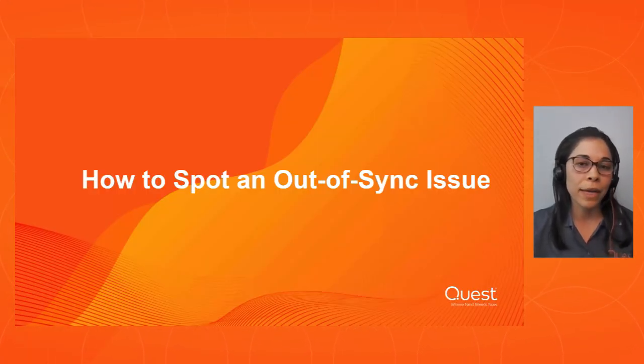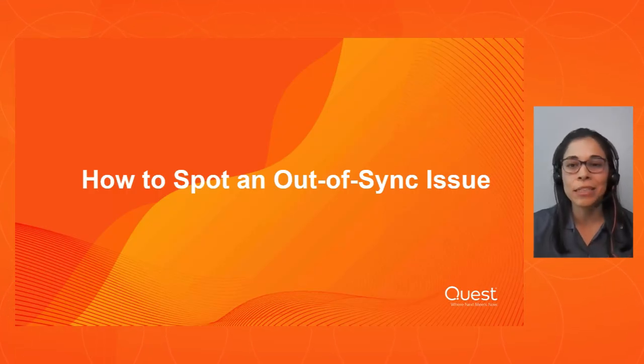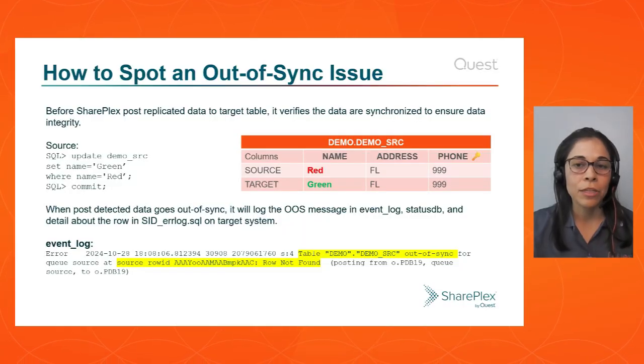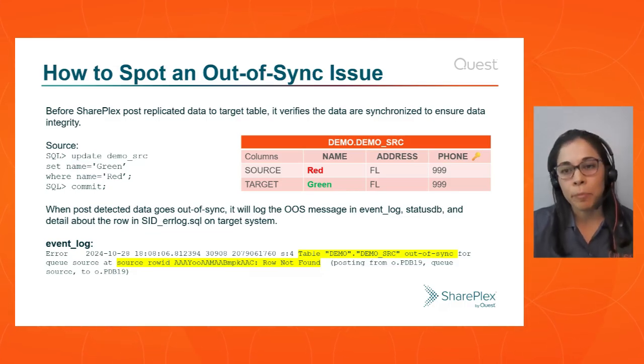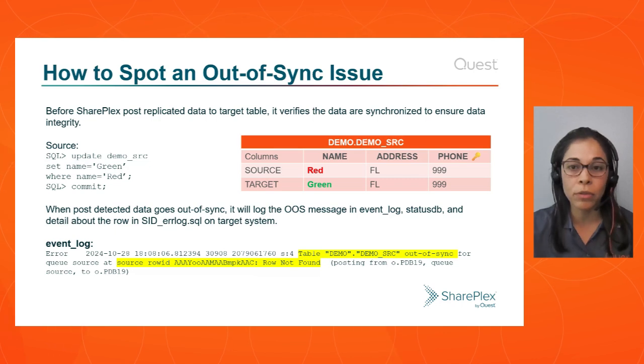Identifying an autosync problem early in the replication process is essential for maintaining data integrity. SharePlex offers several ways to detect when a row is autosync. First, during replication, SharePlex checks that the data that is about to be posted on the target database matches between the source and the target.